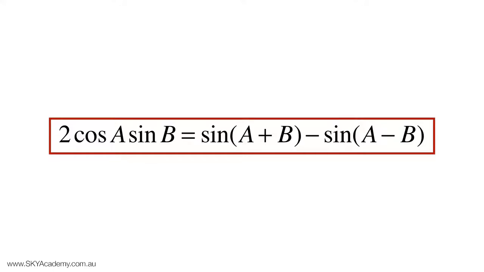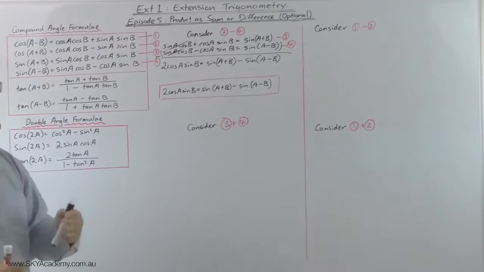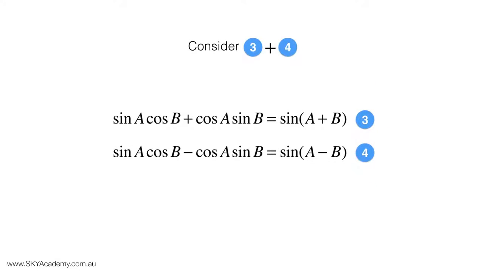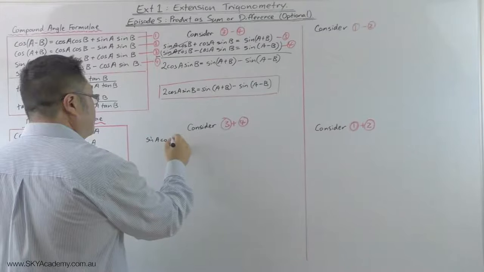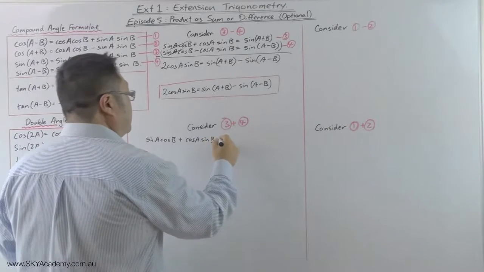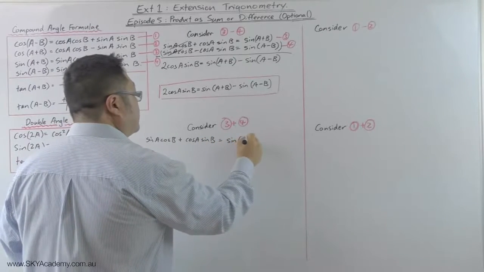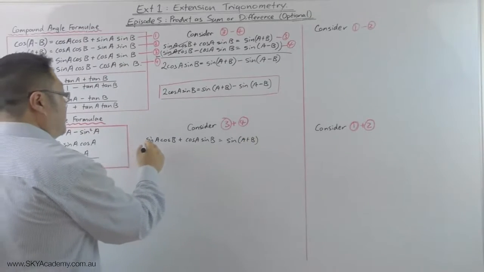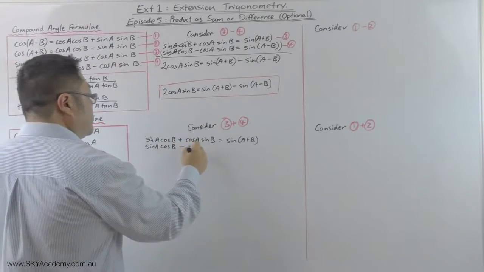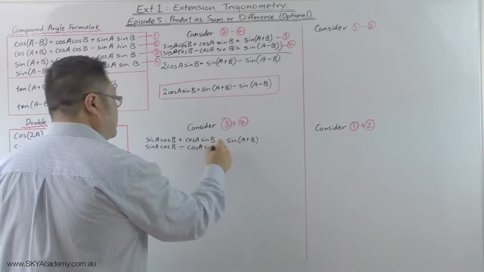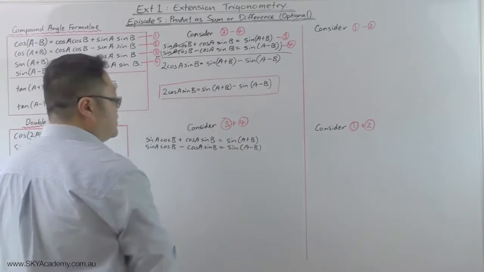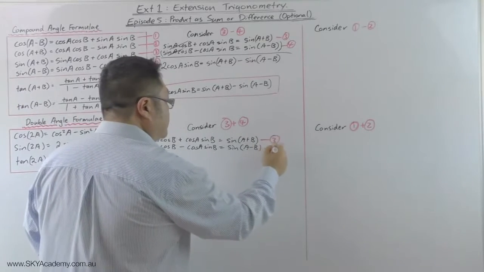Let's have a look at the second one. For the second one, we're going to consider equation 3 plus equation 4. So let's write that again. We have sine A cosine B plus cosine A sine B equals sine A plus B, and then sine A cosine B minus cosine A sine B equals sine A minus B. This is equation 3 again, and this is equation 4.